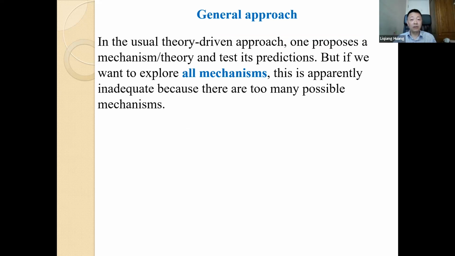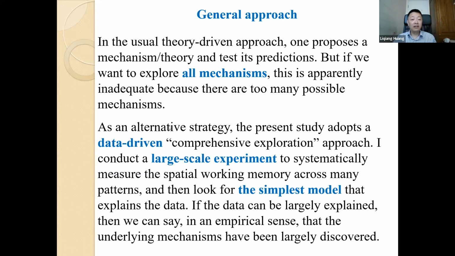So the general approach is this. In the typical theory-driven approach, one proposes a mechanism or theory and tests its predictions. But if you want to explore all mechanisms, this is apparently inadequate because there are too many possible mechanisms. As an alternative strategy, the present study adopts a data-driven comprehensive exploration approach.